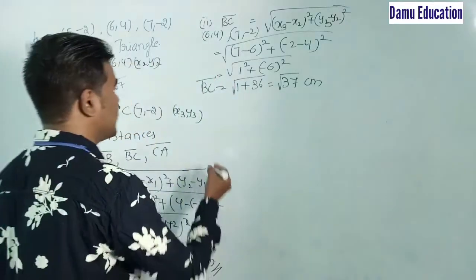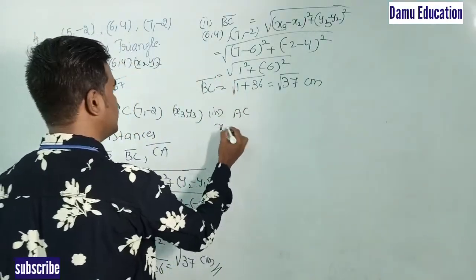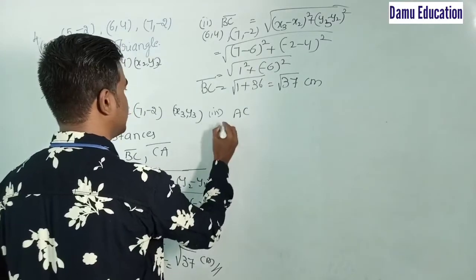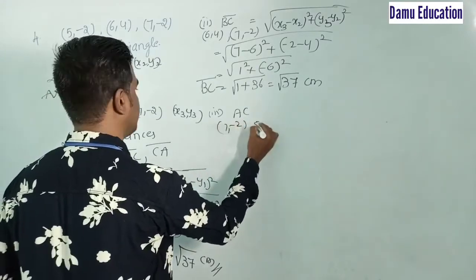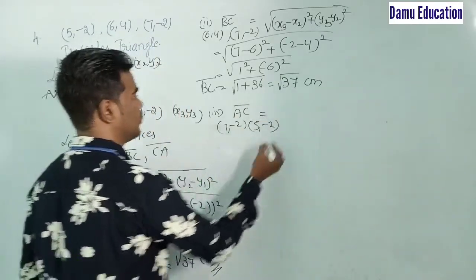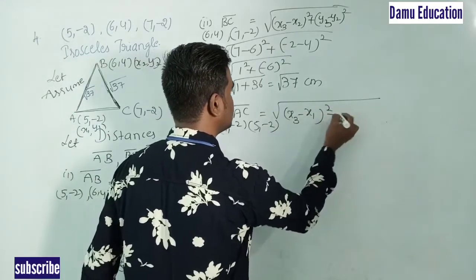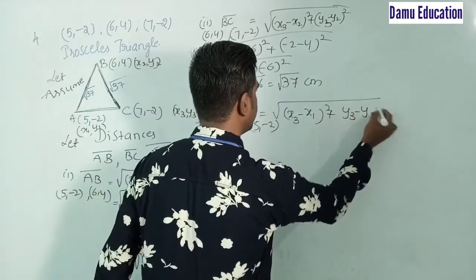So let's take the third, AC, that is x3, y3 and x1, y1: (7, -2) and (5, -2). AC is the square root of (x3 minus x1) whole square plus (y3 minus y1) whole square.